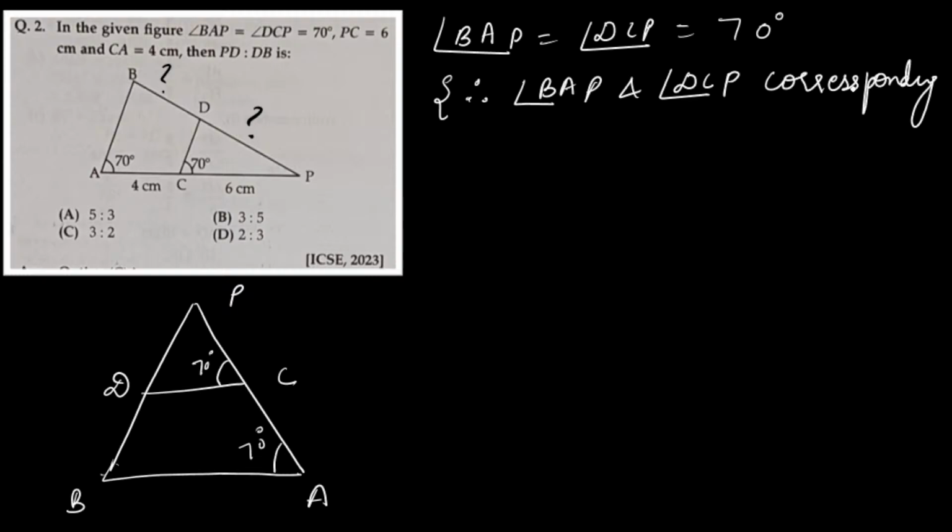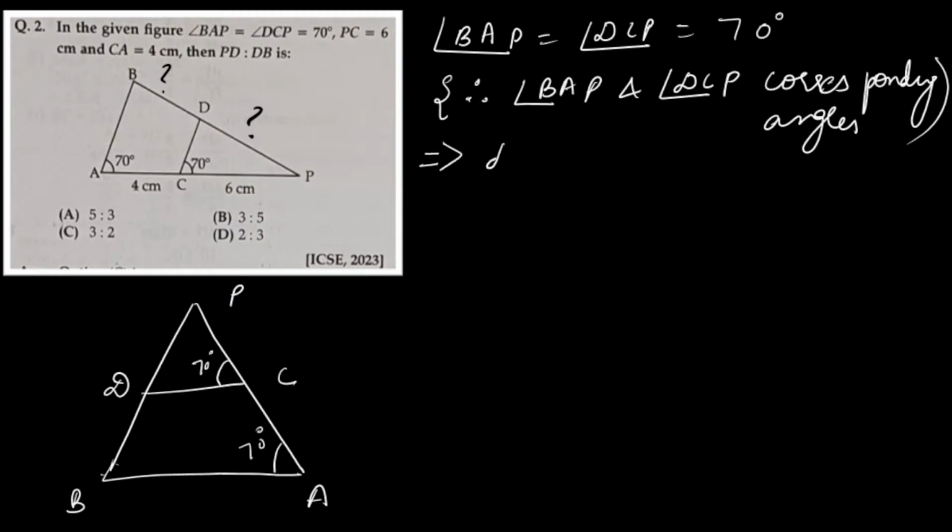Corresponding angles, because they are equal. So corresponding angles being equal, they are always on parallel lines. Corresponding angles are always present on parallel lines.